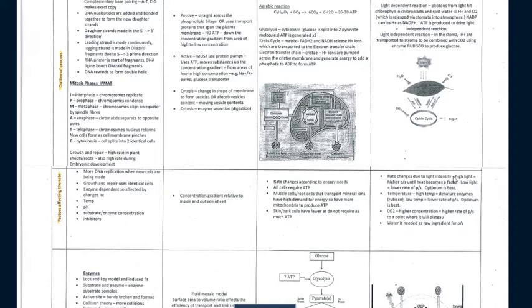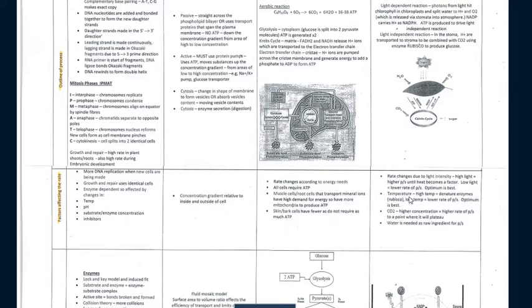So high light means higher photosynthesis. Low light equals a low rate of photosynthesis. So something around the middle, the optimum light intensity, is good for the plant to carry out photosynthesis efficiently.